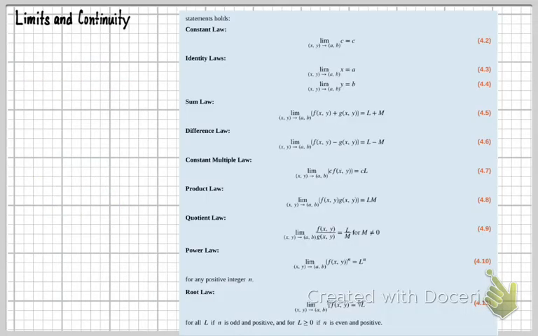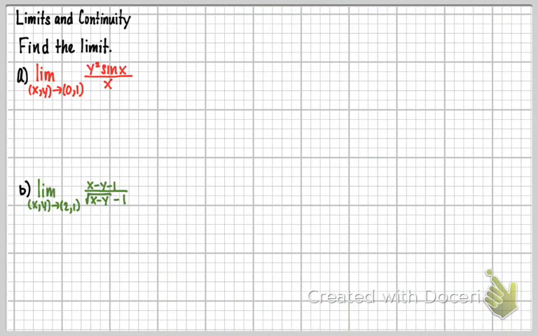And I notice this product law might be able to help. So I'm going to try to break this into two functions multiplied together, but both of those functions individually, when I take the limit as (x, y) goes to (0, 1), would have to exist. That means they go to some finite number.